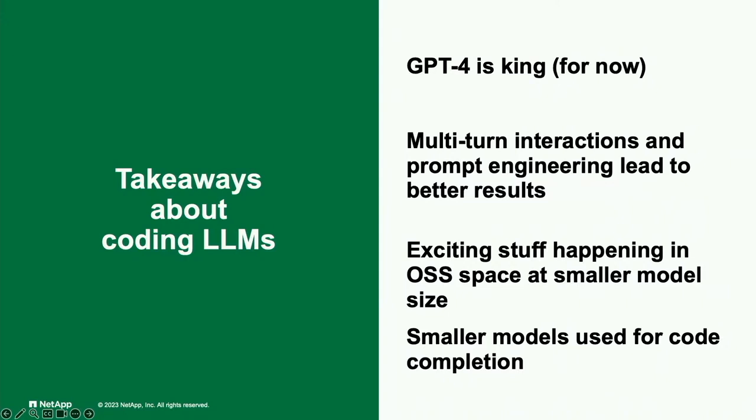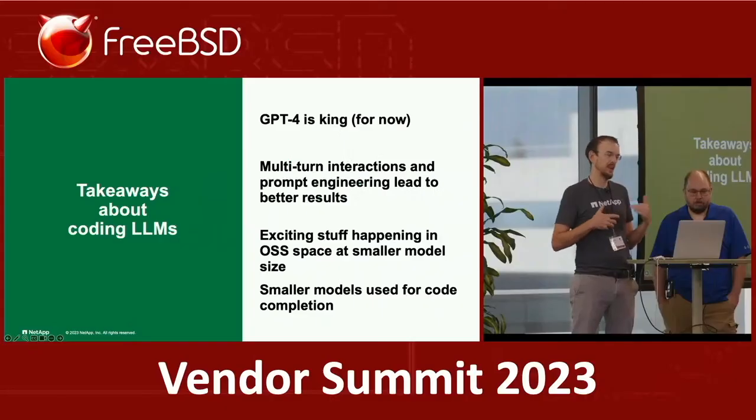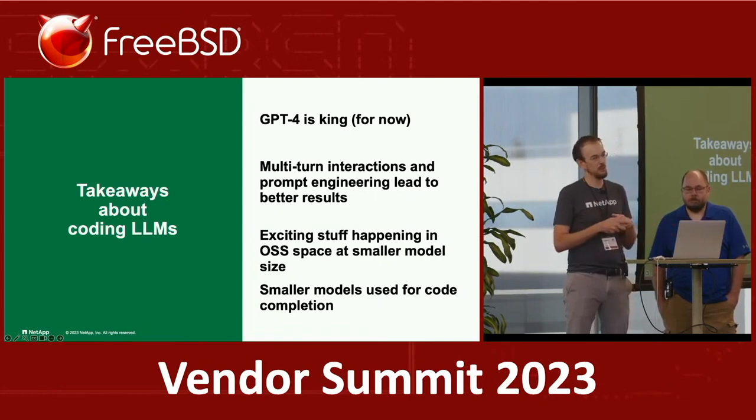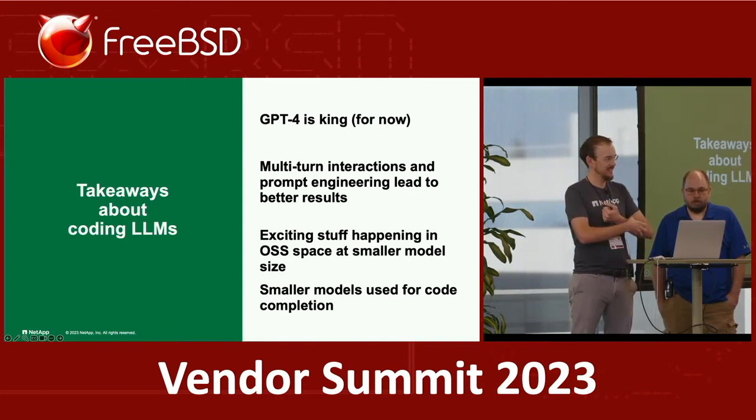Maybe you need to try again and let the model have multiple turns. Another takeaway is a lot of stuff is happening outside OpenAI. OpenAI isn't the only name, but all that competition happens at a smaller model size, but that's OK because AI code completion requires smaller models anyway, faster models. So we're excited about all that.